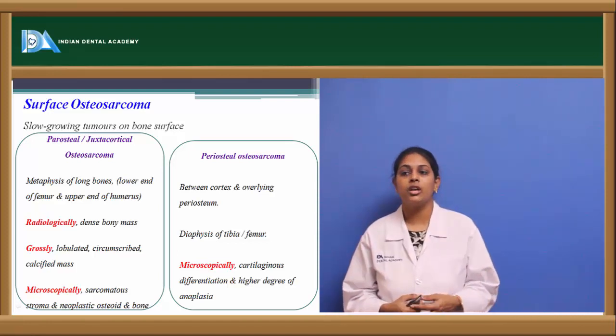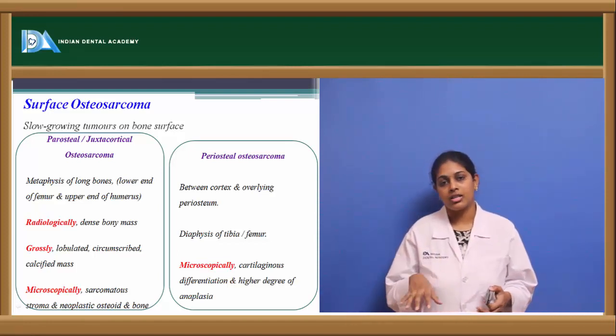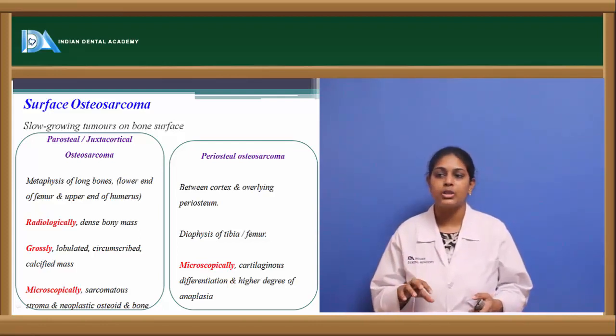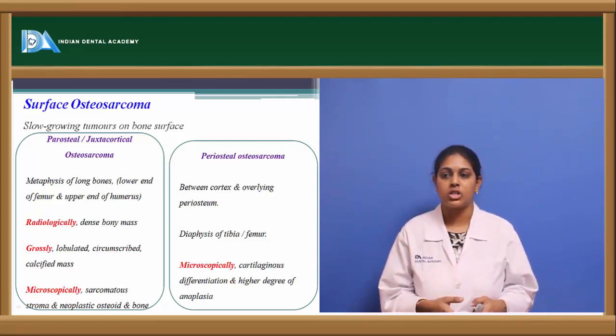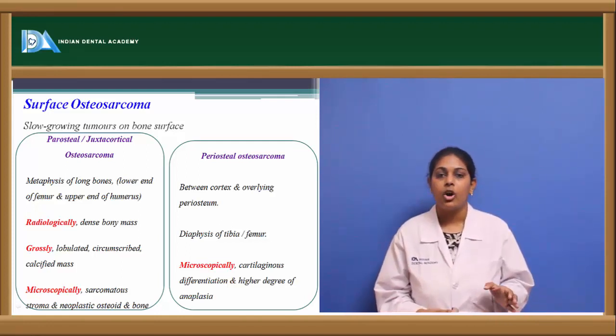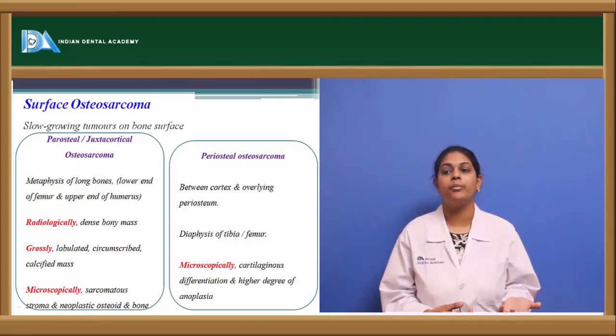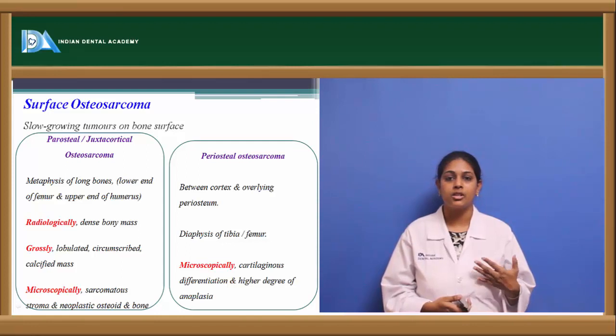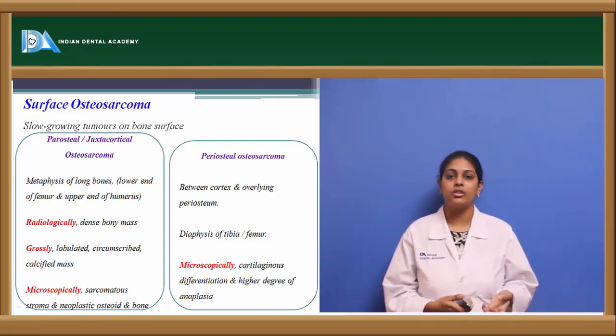Coming to the periosteal type, it is usually a sarcoma or neoplastic tumor seen between the cortex and the underlying periosteum. The most commonly involved regions are the diaphysis of the tibia or femur; any area can be involved. Microscopically, we can appreciate cartilaginous differentiation within these tumors.